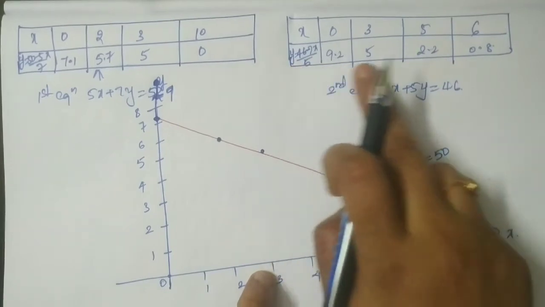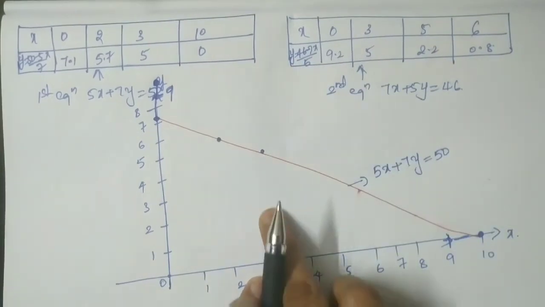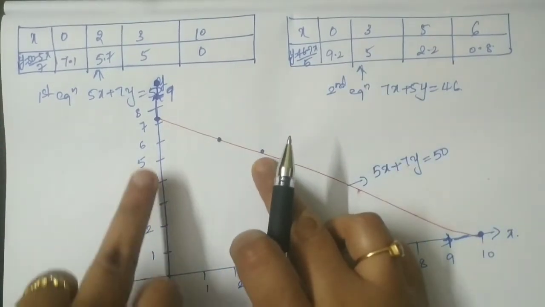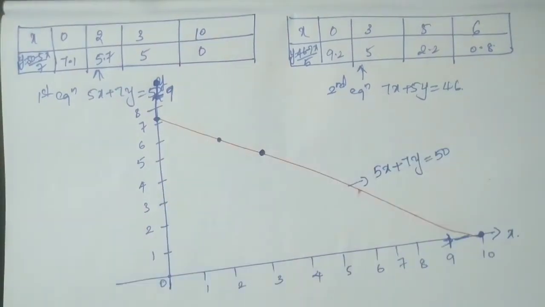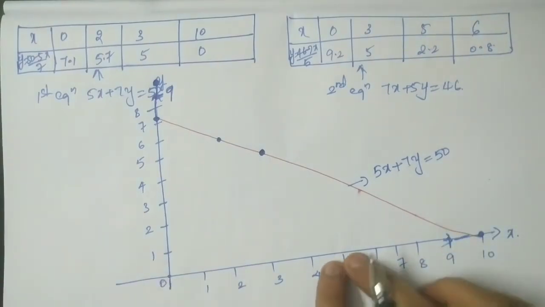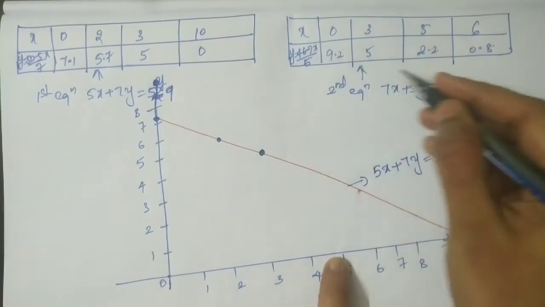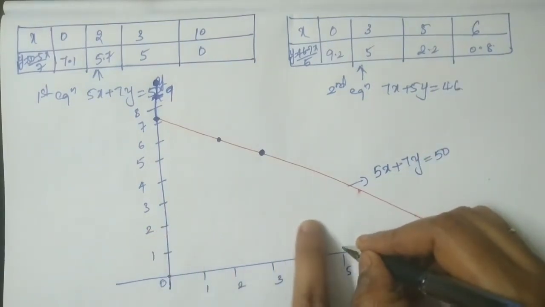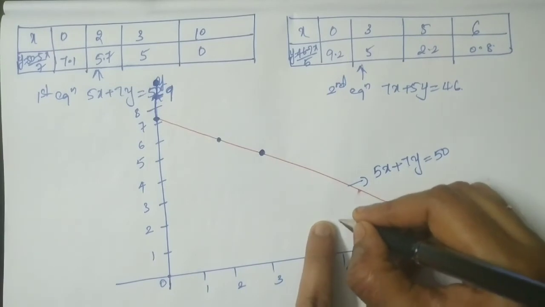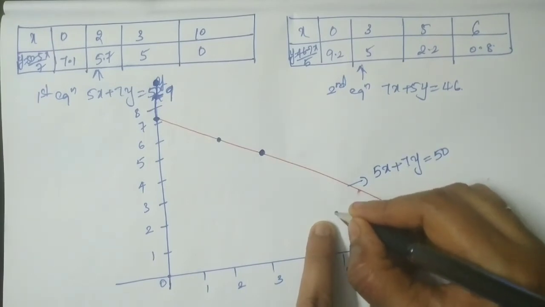You can see we already have that point because it was there in our first equation. So it is intersecting there. Okay. Next x is 5. So along the horizontal x axis 5, vertical is the y axis. So 5 and it is 2.2. So above 2, you mark it.